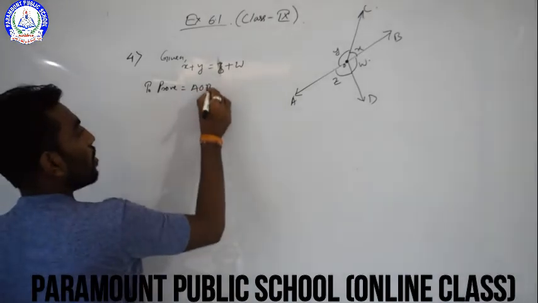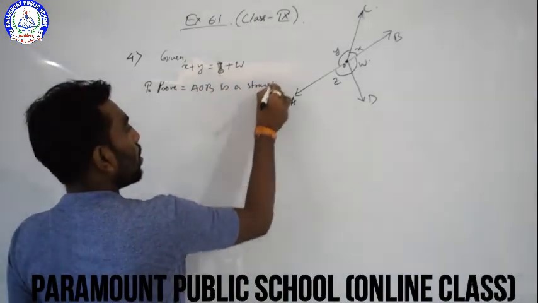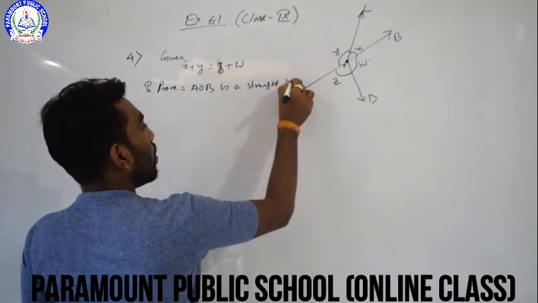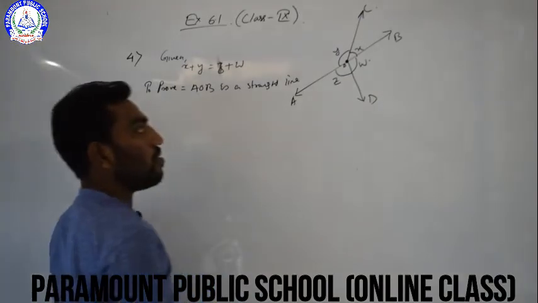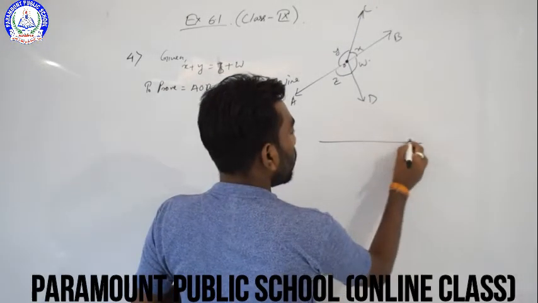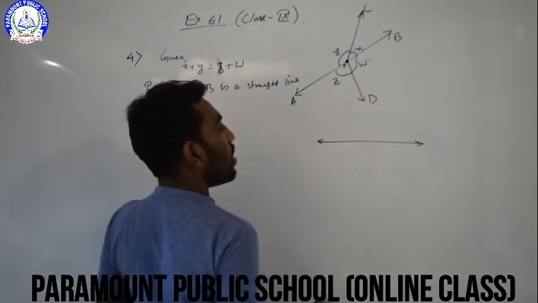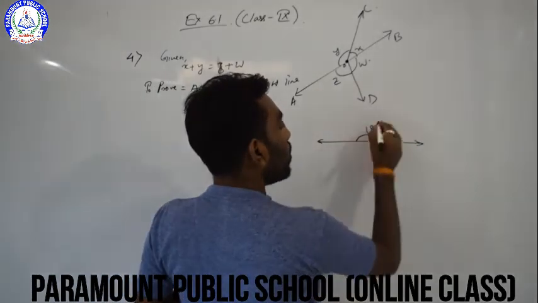that AOB is a straight line. Okay, student, this AOB is a straight line. You can see this is already a straight line, but how will you prove? We know that if this is a straight line, then their angles total sum will be 180 degree.